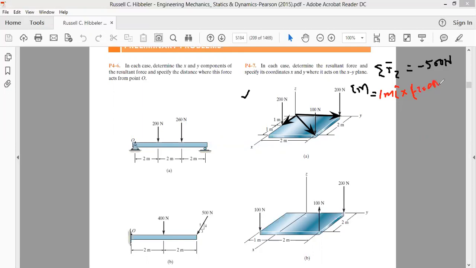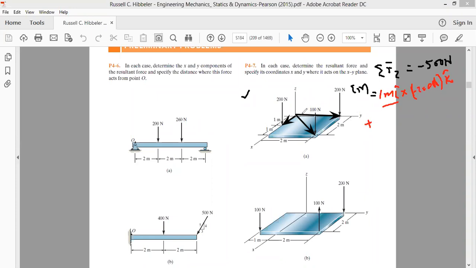So this is R cross F, this force of 200 Newton is acting along negative z direction. Our R is 1 meter I cap and our F is minus 200 K cap. Then we have plus the moment because of this 200 Newton force.